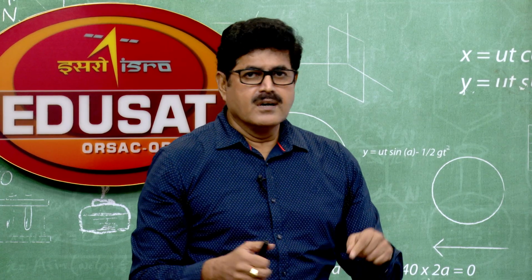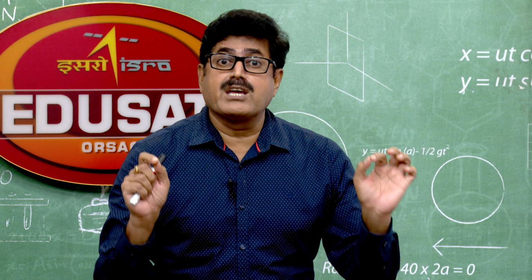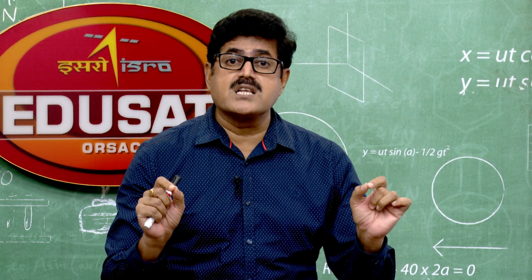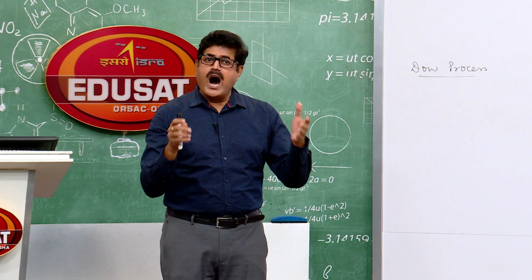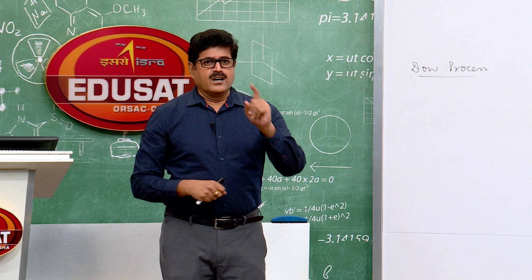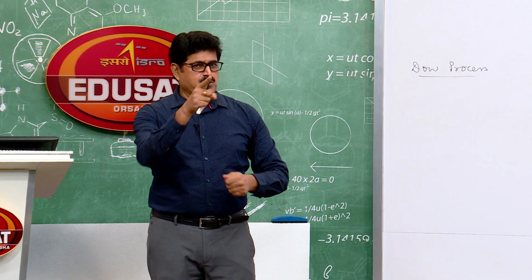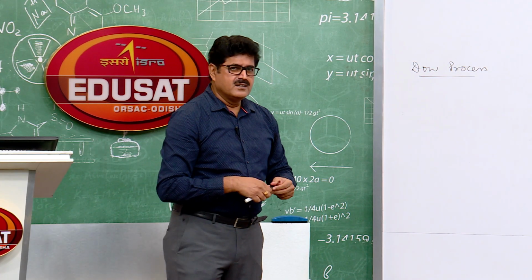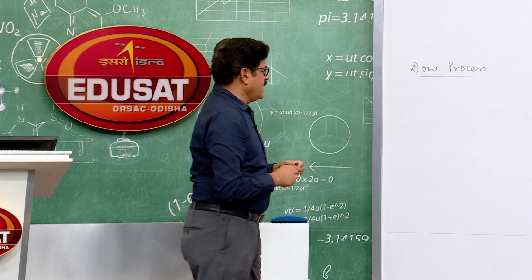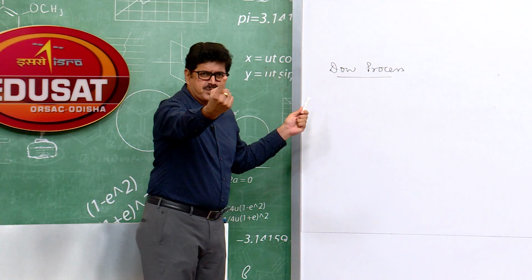I repeat, here chlorobenzene is treated with aqueous sodium hydroxide, 8% sodium hydroxide, under drastic condition. Why drastic condition? I will tell. Under drastic conditions it gives sodium phenoxide, which upon acidification gives phenol. Let me ask one more question here.